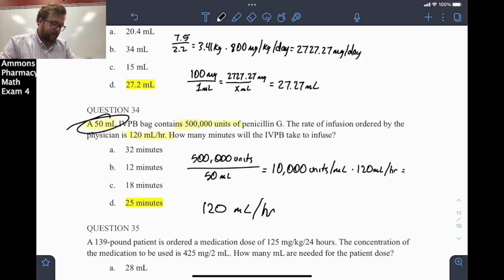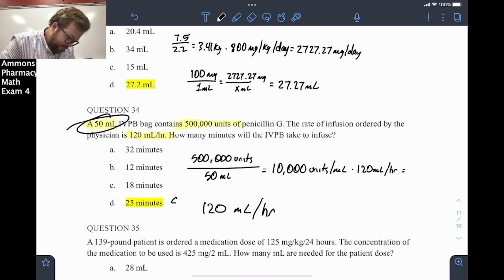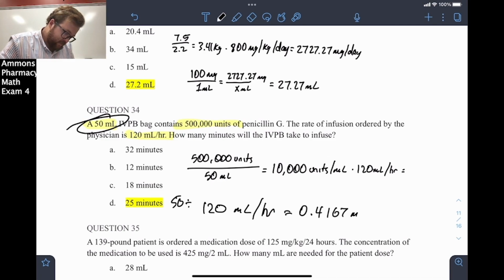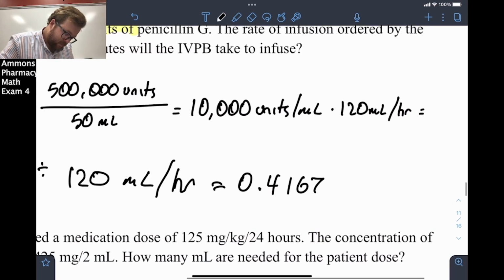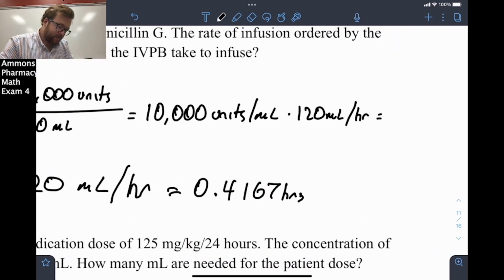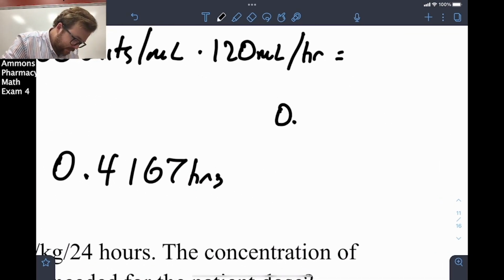So it's literally just 50 divided by 120. .4167 hours, and this is where it gets tricky.